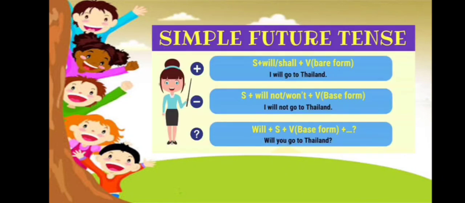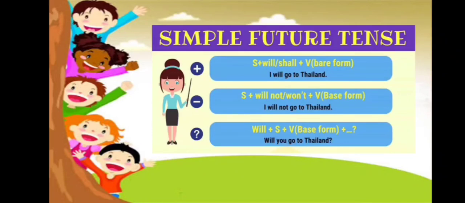Children, there are certain rules which you need to remember when you make sentences with simple future tense. For a positive sentence, subject comes first, then comes will or shall, which is followed by the verb in its first form.